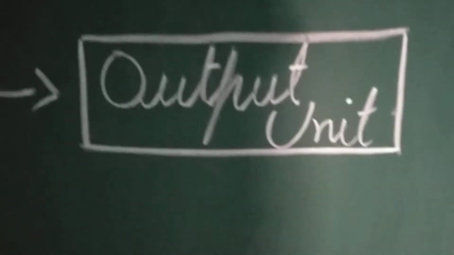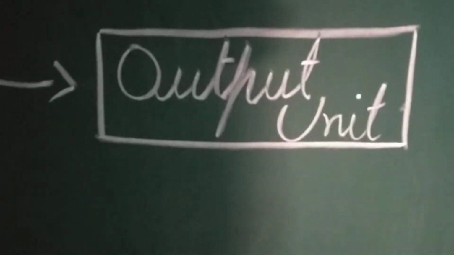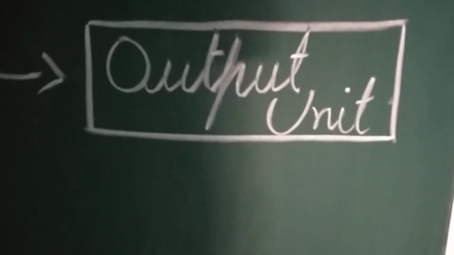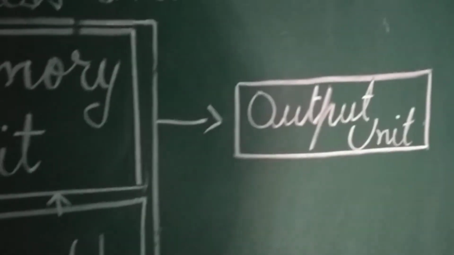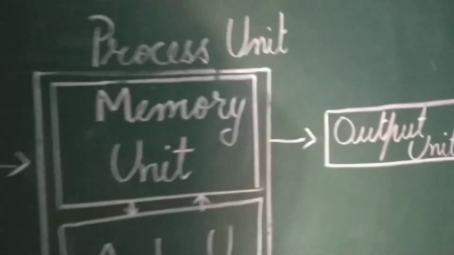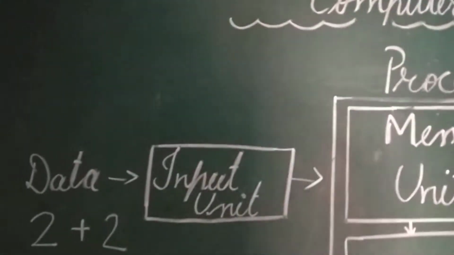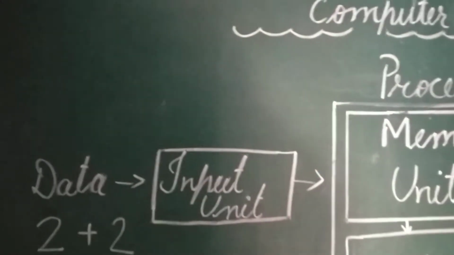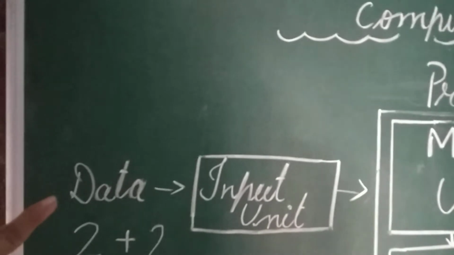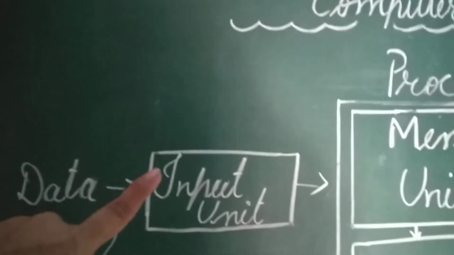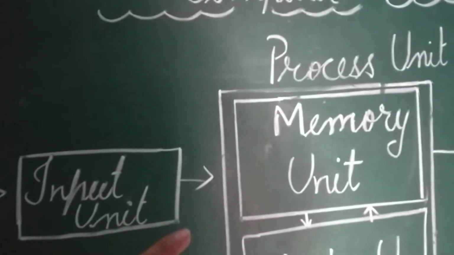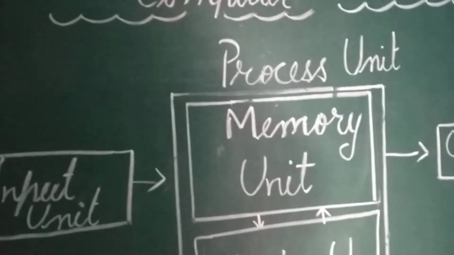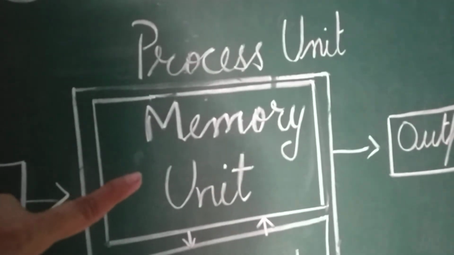Maybe by monitor, by printer, by speaker, or anything. Did you get what I am trying to explain? When we work on computer, we need to give data by using input units, and we give instructions to the computer. These instructions go to the memory unit.